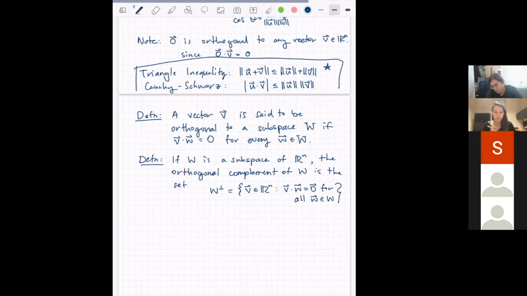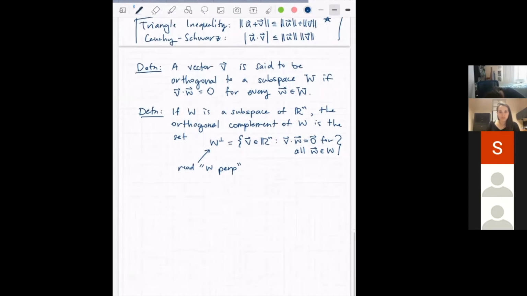This is read W perp, or W perpendicular, but usually we just say W perp.